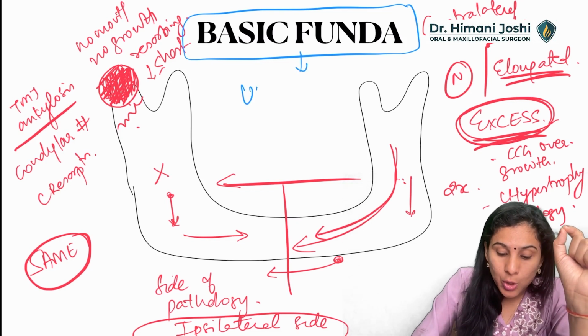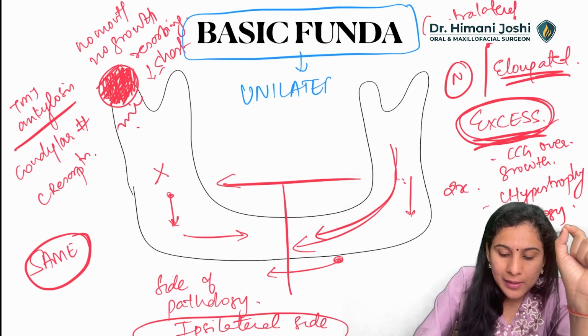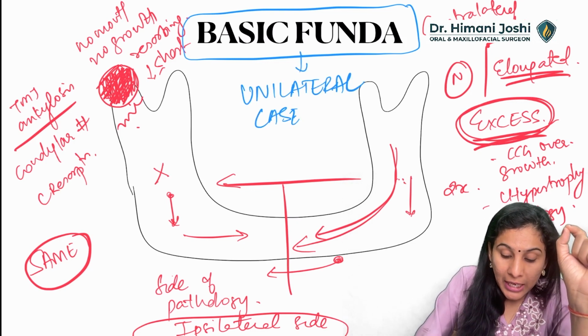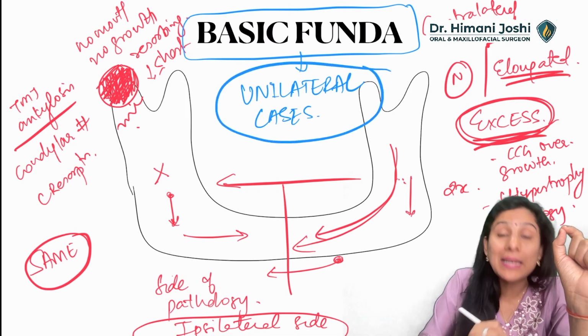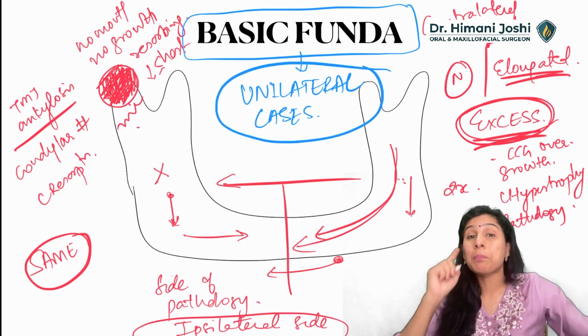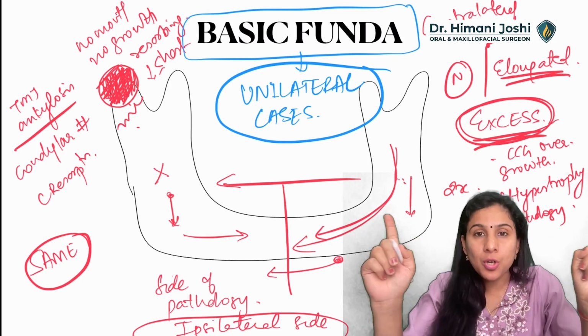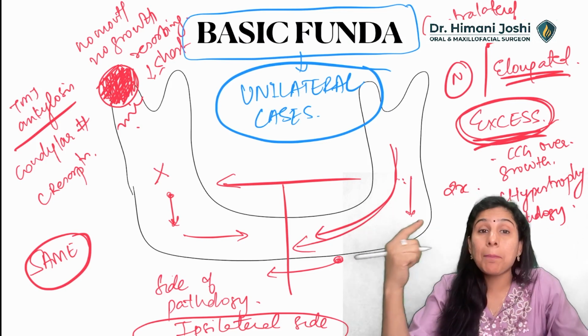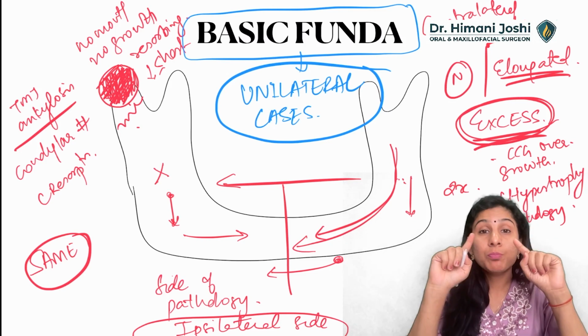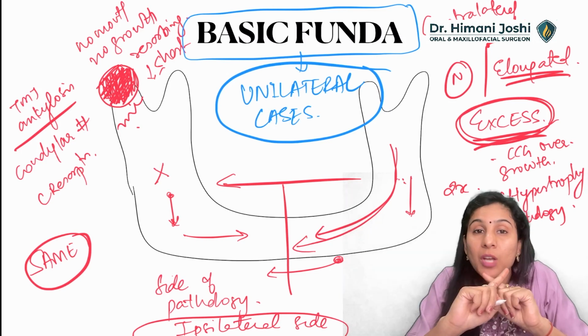One very important point in the basic funda is all the deviation that you see will only be seen in unilateral cases. It will never be seen in bilateral cases. So if you have a bilateral TMJ ankylosis, both sides are not growing, so there will be no deviation. If there is a bilateral condylar fracture, both sides are not moving, so there will be no deviation.